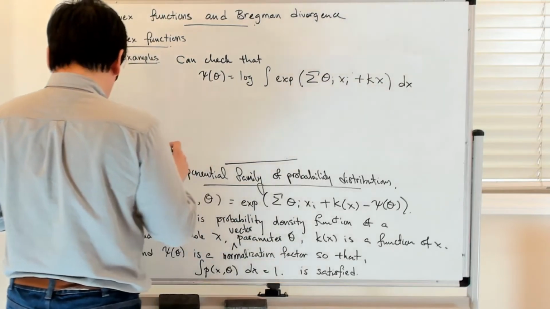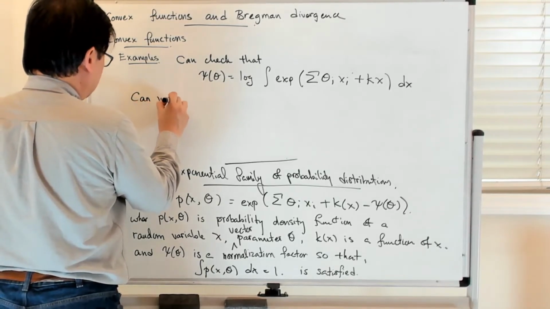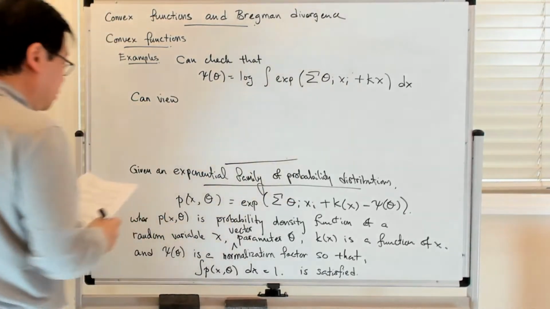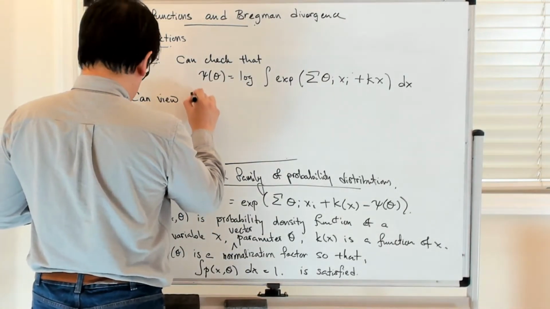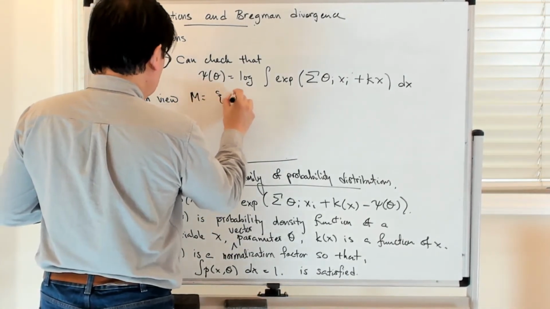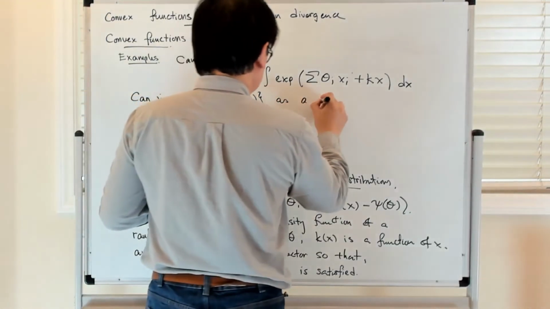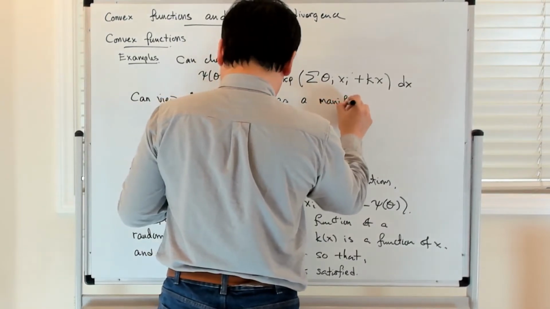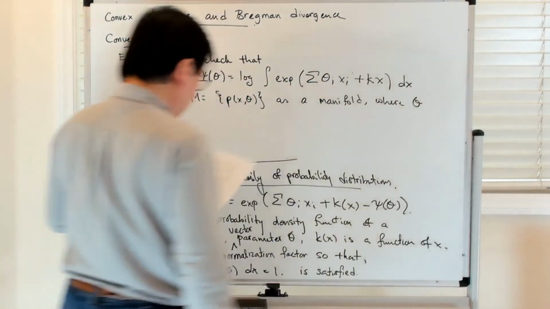So you can view this exponential family of probability distributions as a manifold, where theta is the coordinates.